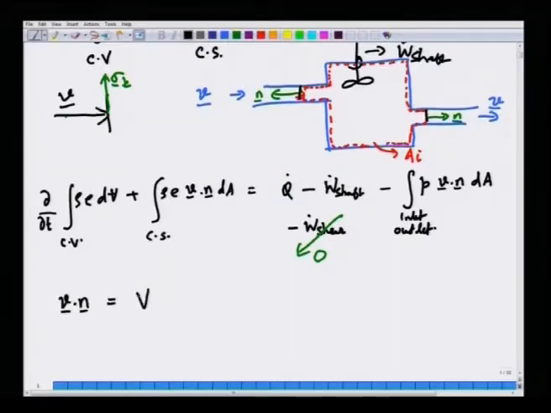V dot n is minus V for inlets, is plus V for outlets.